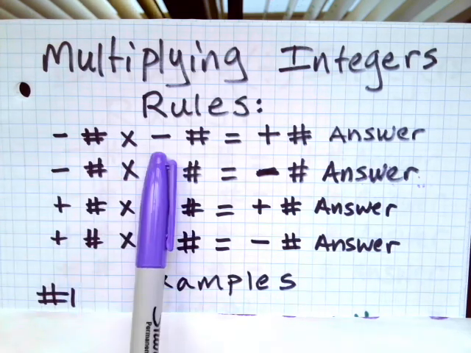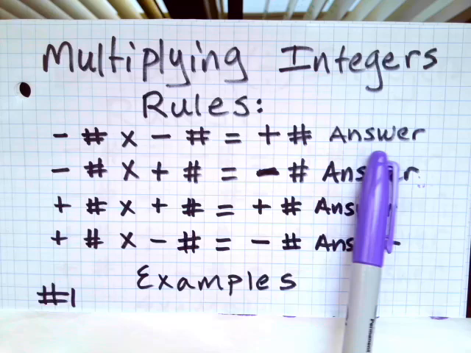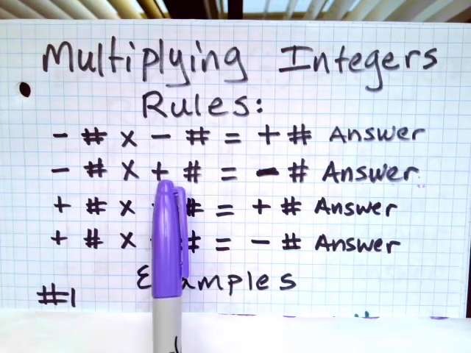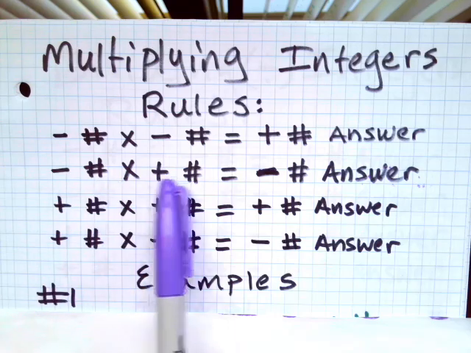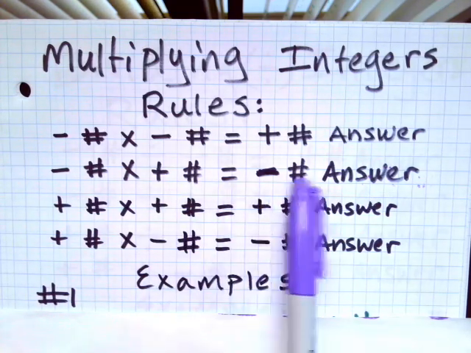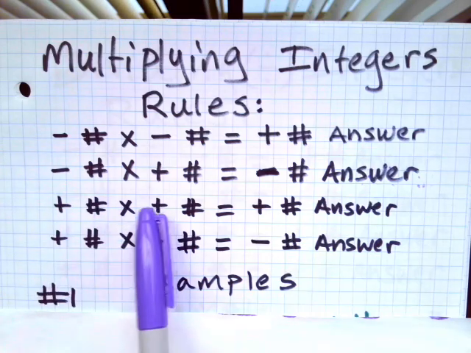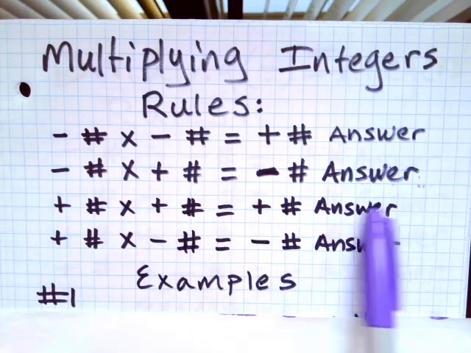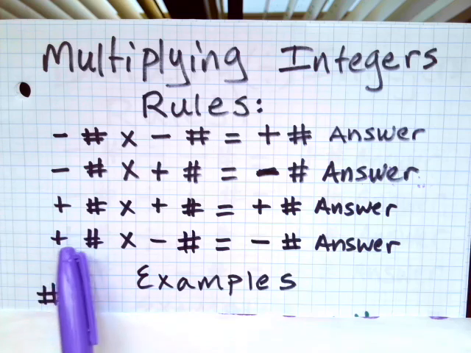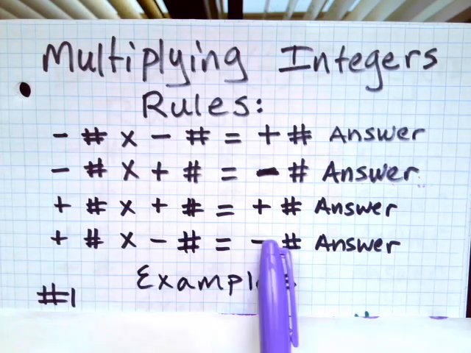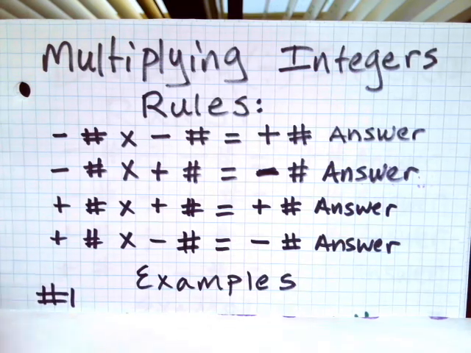A negative number times a negative number equals a positive answer. Just one different, a negative number times a positive number will always give you a negative answer. A positive number times a positive number will give you a positive answer. And a positive number times a negative number, just one different, and you'll get a negative answer.